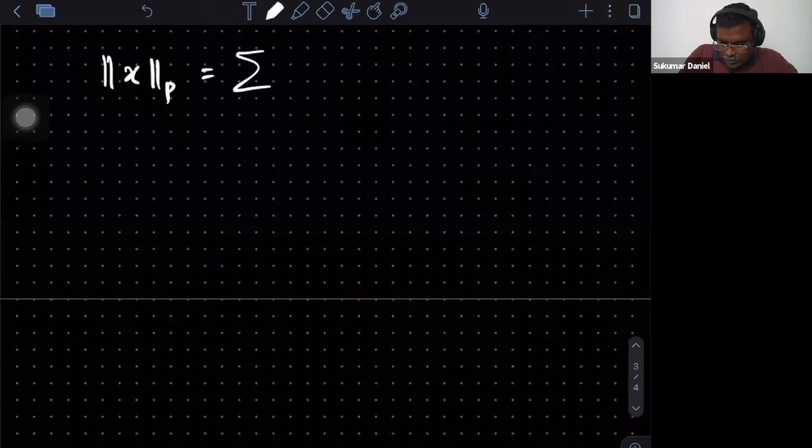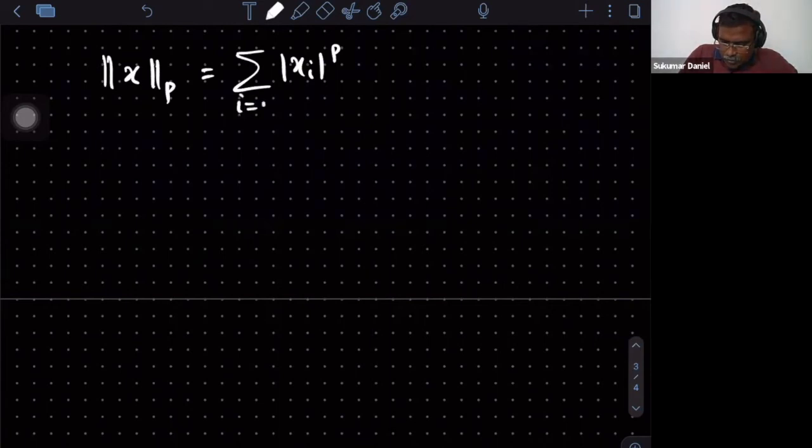I'm defining something: it is the sum of xi power p, but the summation is now from 1 to infinity.